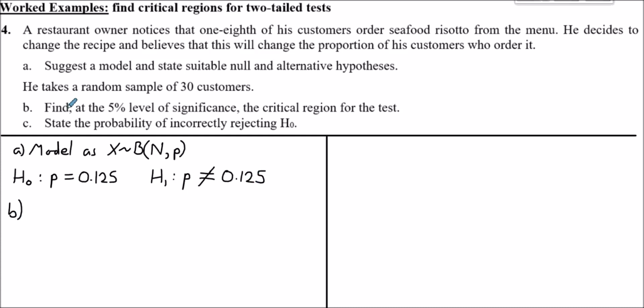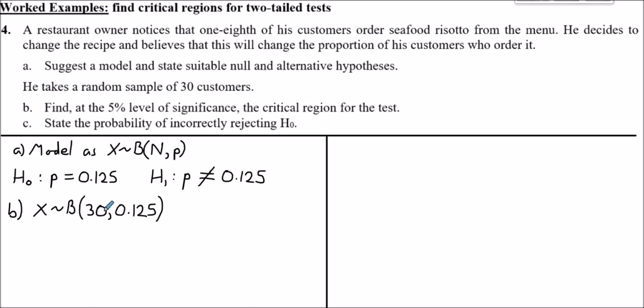So for part B, he takes a random sample of 30 customers. We need to find at the 5% level of significance the critical region for this test. And so, assuming H0 to be correct, the number of customers is 30, and 0.125 the proportion of customers ordering it.